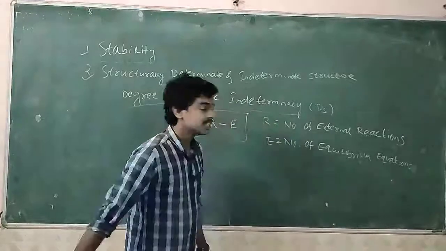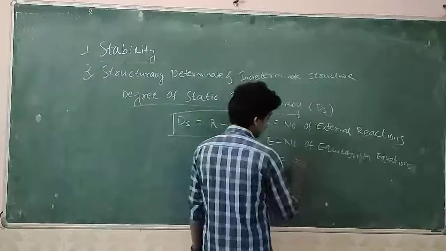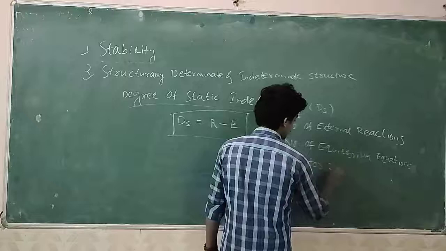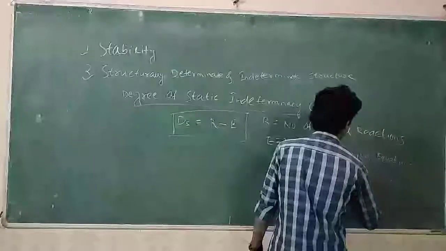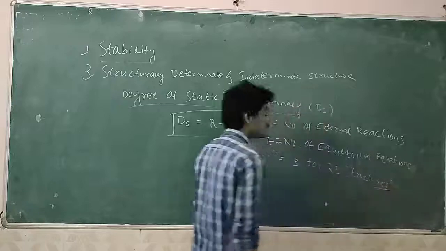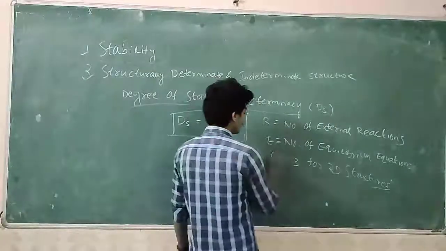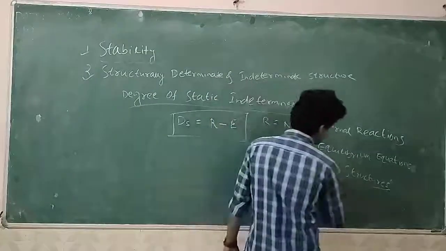Okay, so generally E value is 3 for 2D structures. Generally E equal to 3 for 2D structures.